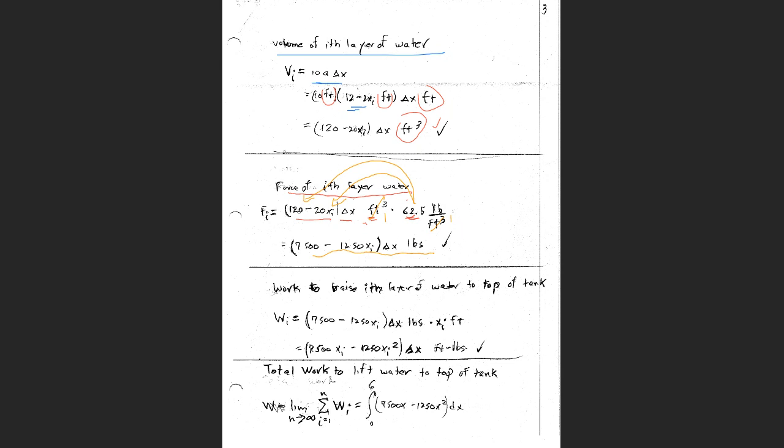So the weight or force of the ith layer of water is dependent on x sub I, because x sub I is the distance, how far down the ith layer of water is from the top of the tank. So naturally, because of the shape of the tank, the x sub I is going to come into play. Are there any questions up to here?